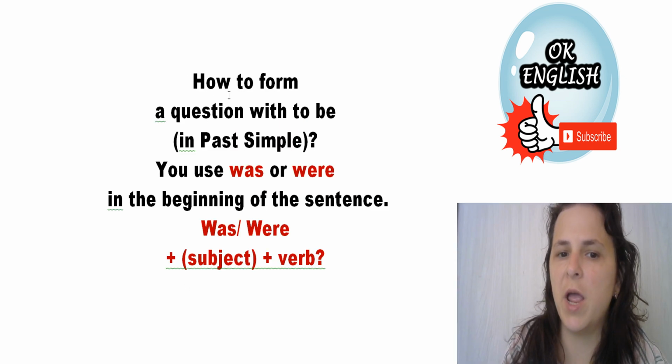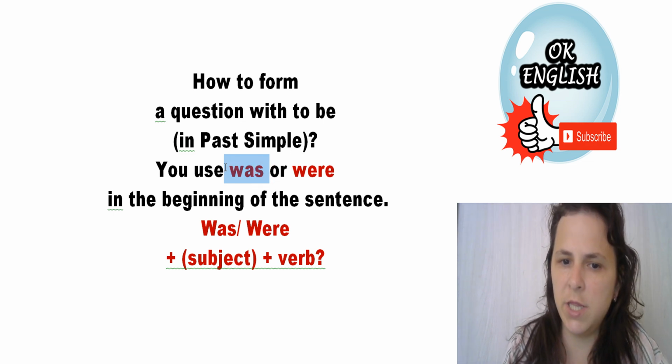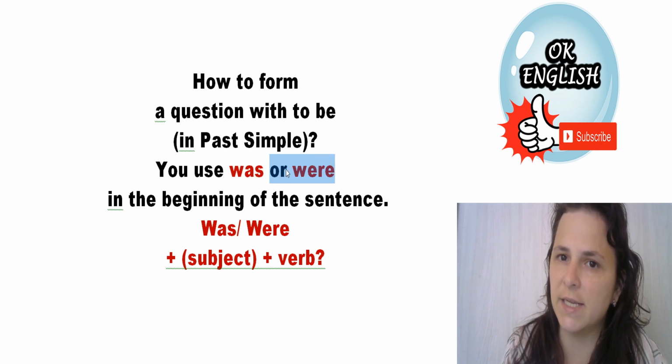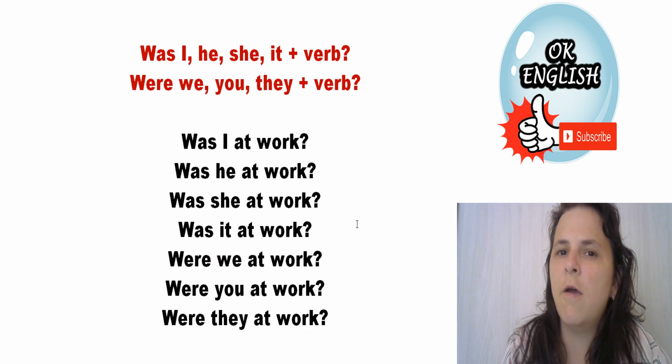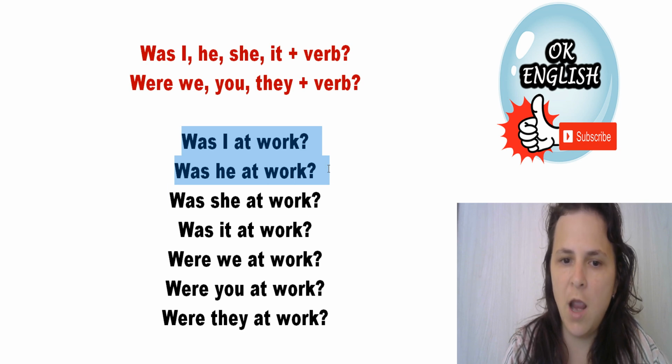How to form a question with to be in past simple. You use was or were at the beginning of the sentence. For example, was I at work? Was he at work? Was she at work? Was it at work? Were we at work?